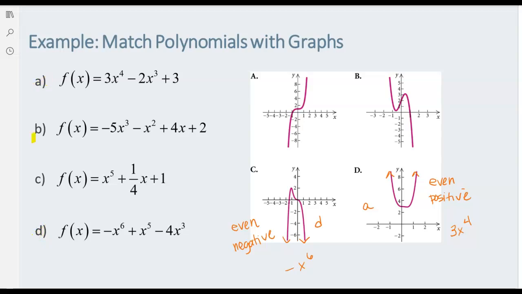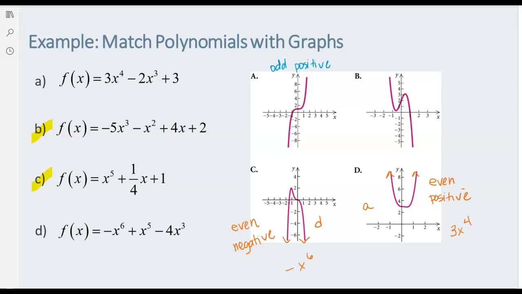Looking at the other two graphs, B and C, they're both odd. And with odd functions, the graph is going to have one side going up to positive infinity, one side going down to negative infinity. The standard way that we see those graphs is here. This is going to be an odd function, and it's going to be positive.